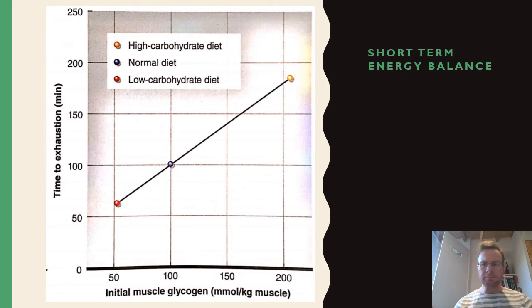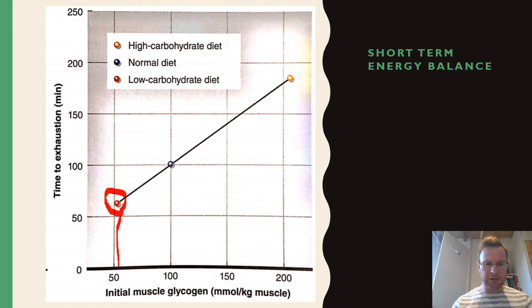Here, again, is another concept of short-term energy balance. We've got three people who were on different diets, and they were asked to run to exhaustion at 75% of their VO2 max. So here, this person was on a low carbohydrate diet.